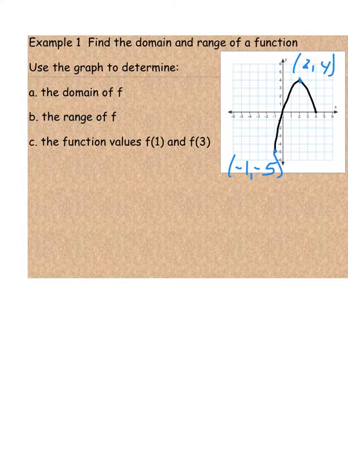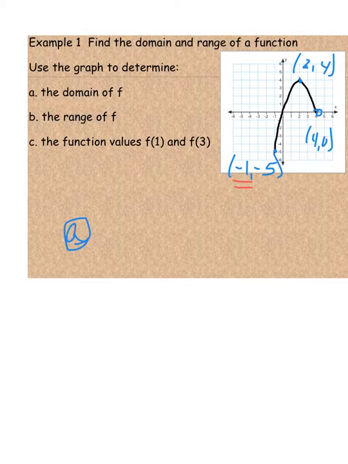And this last point here is an open circle at the point (4, 0). When I want to figure out my domain, I look at my graph moving from left to right. The first x value I come across is -1, which goes with the coordinate (-1, -5).